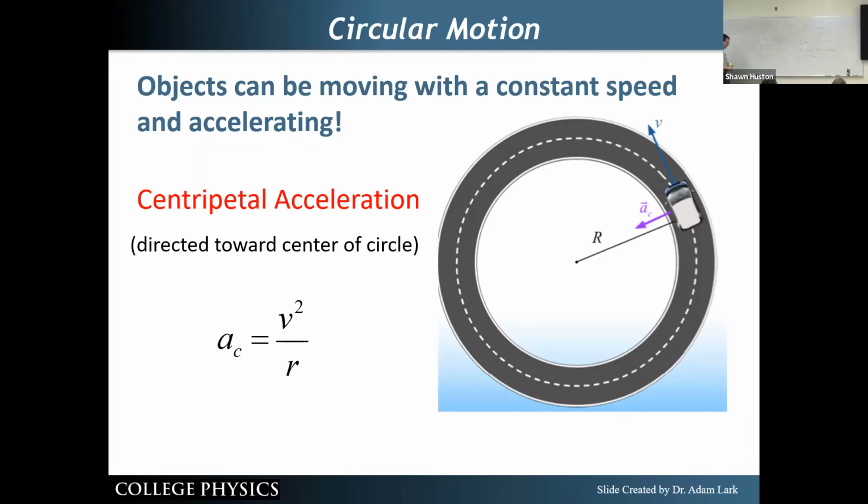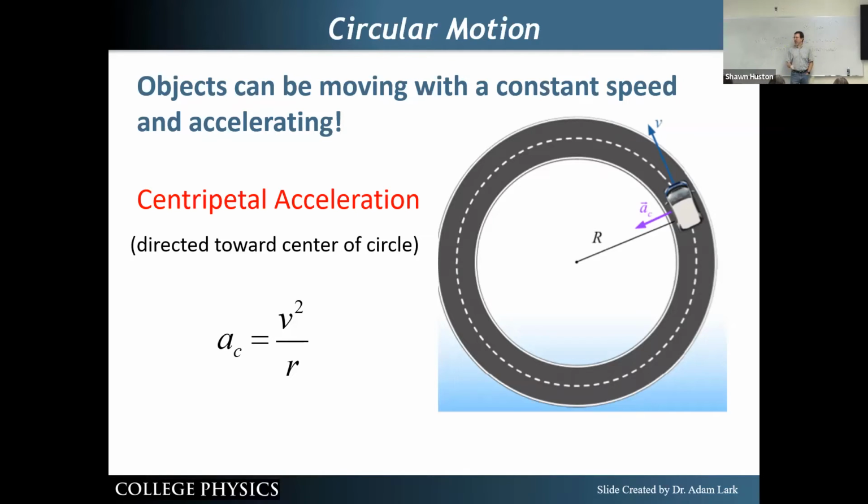This centripetal acceleration will have a value we can calculate if you know the speed of our ball and the radius it's tracking around in. Centripetal acceleration is equal to v squared over r, speed squared over r. Always points towards the center of the circle.